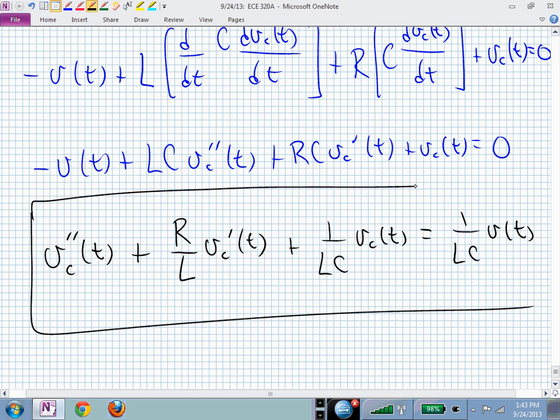And now I have my alphas and betas, don't I? Alpha 1, which was scaling V sub C double prime, has come out to be just 1. Alpha 2 is R over L. Alpha 3 is 1 over LC. Beta is 1 over LC. Now if I can solve that second order differential equation, I've found the capacitor's voltage.